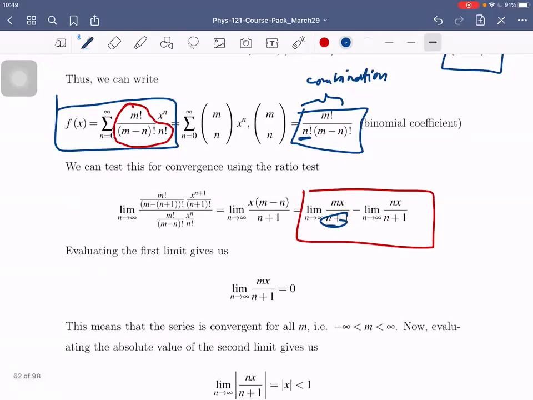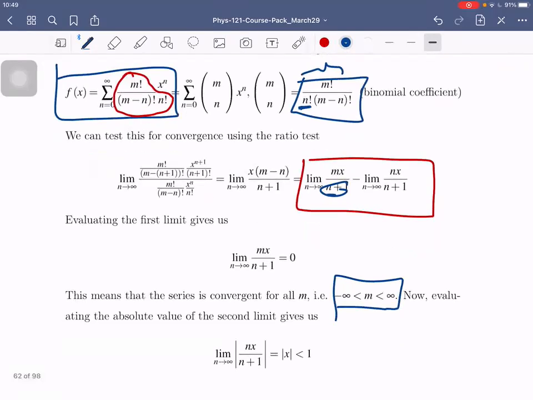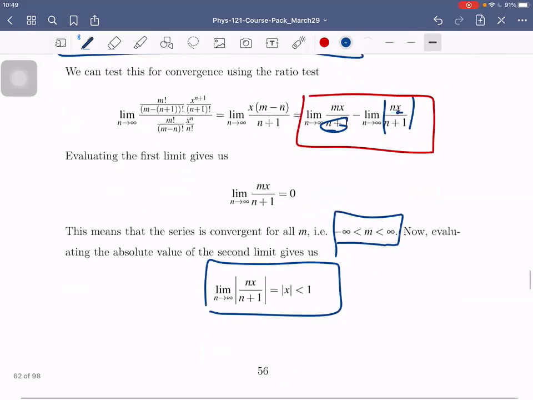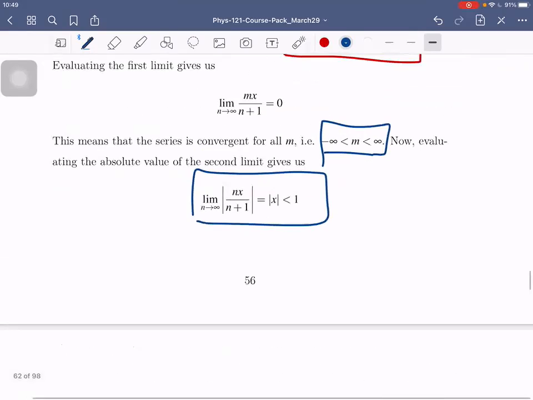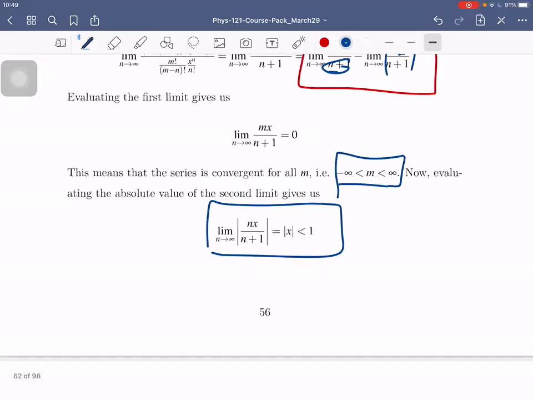Meaning, ang ibig sabihin nun, yung unang term natin ay valid for all m. Tama? From negative infinity to infinity. Now, evaluate yung second. Meron tayong x dito, no? We take the absolute value of that. Magiging ganito. So, meaning, valid siya between negative 1 and 1 lang.